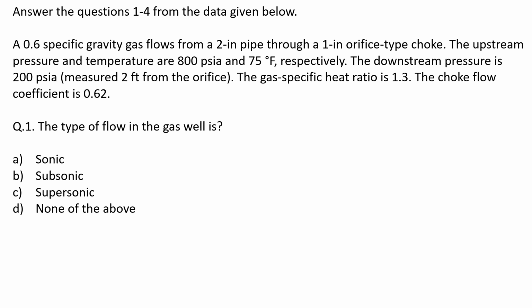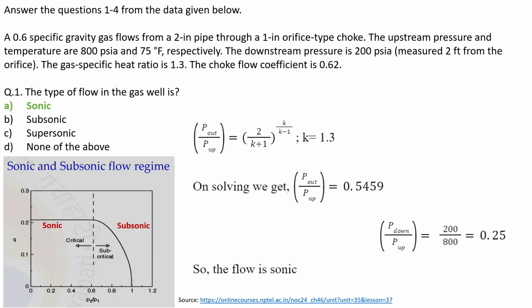The first question: the type of flow in the gas well is. Options are A sonic, option B subsonic, option C supersonic, or option D none of the above. How to solve this question? We first have to find out P outlet by P upstream.